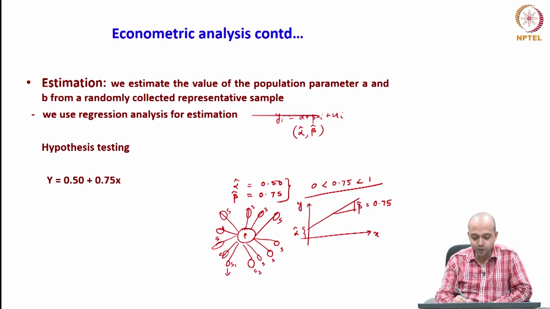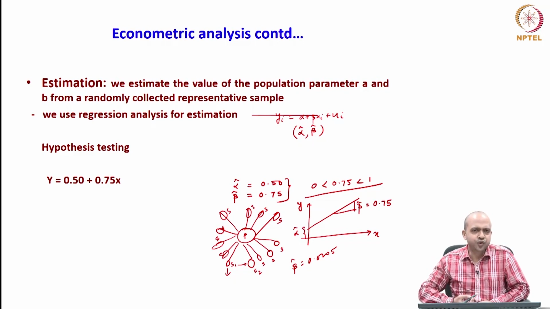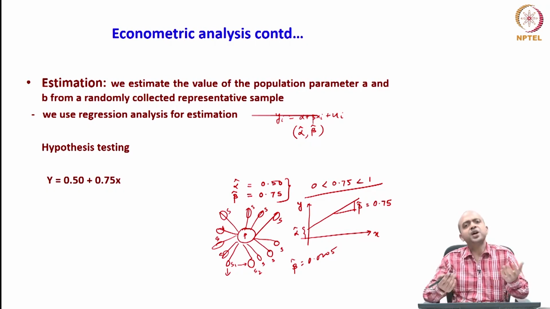Now, it may so happen that if you collect another sample, S2, there this beta hat value is like 0.0005. So you can easily understand that for a unit change in income, consumption changes by 0.0005, which is a very, very insignificant amount. That means this particular value of beta hat, 0.75, you may get purely by a chance factor.